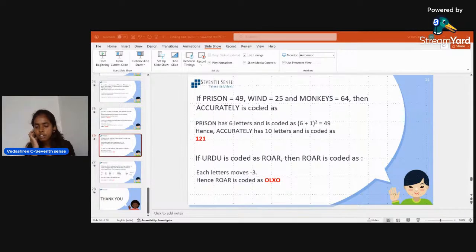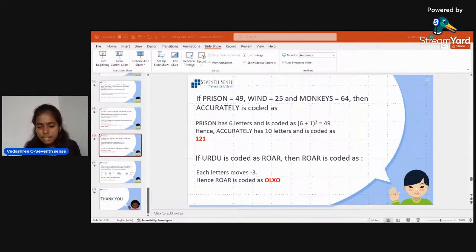Enough. Is this topic enough or is the class enough? Next topic. Okay, we'll move on to the next topic, that is verbal ability, synonyms and antonyms.